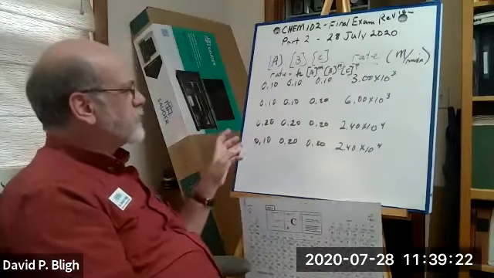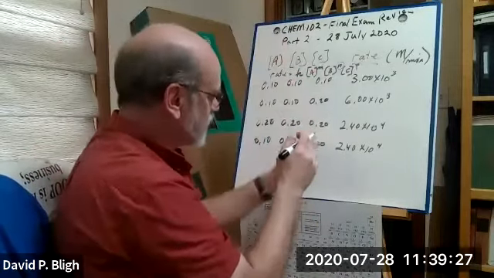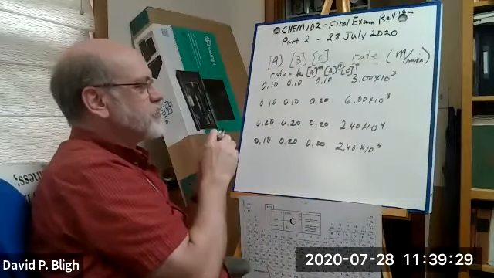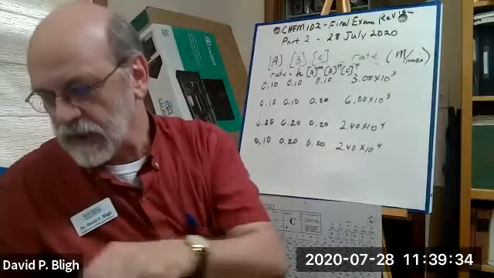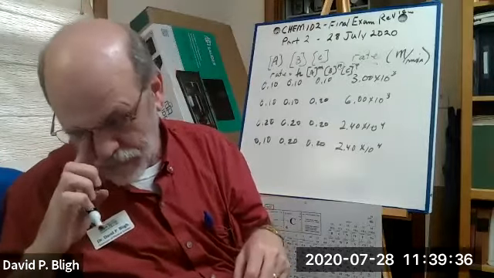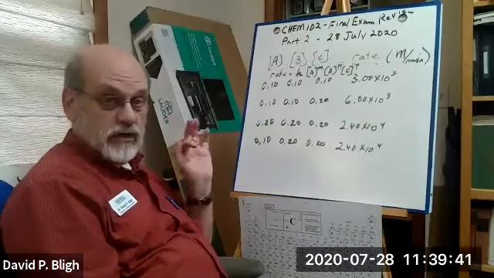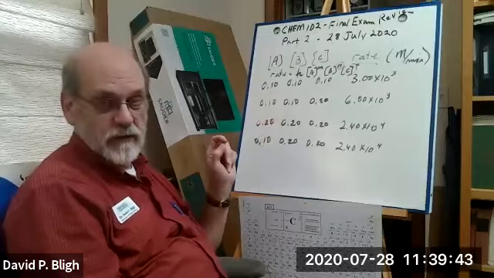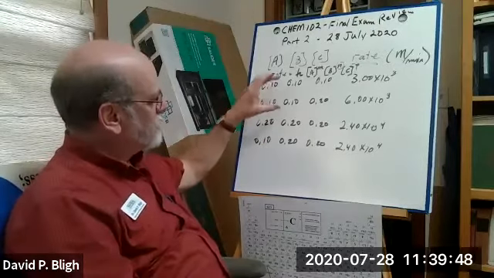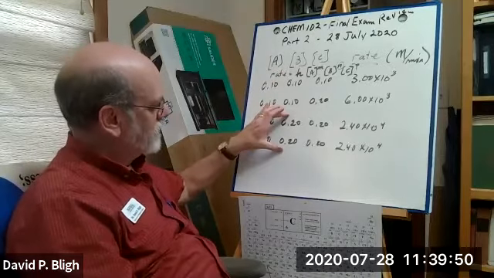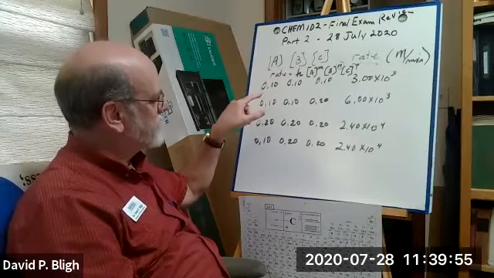So what you want to do, this kind of gets in the way, but there's A, there's B, there's C. You want to look at 2 reactions where B changes in concentration, but A and C do not. Right? So B changes from here to here. So which one of these does A and C not change?